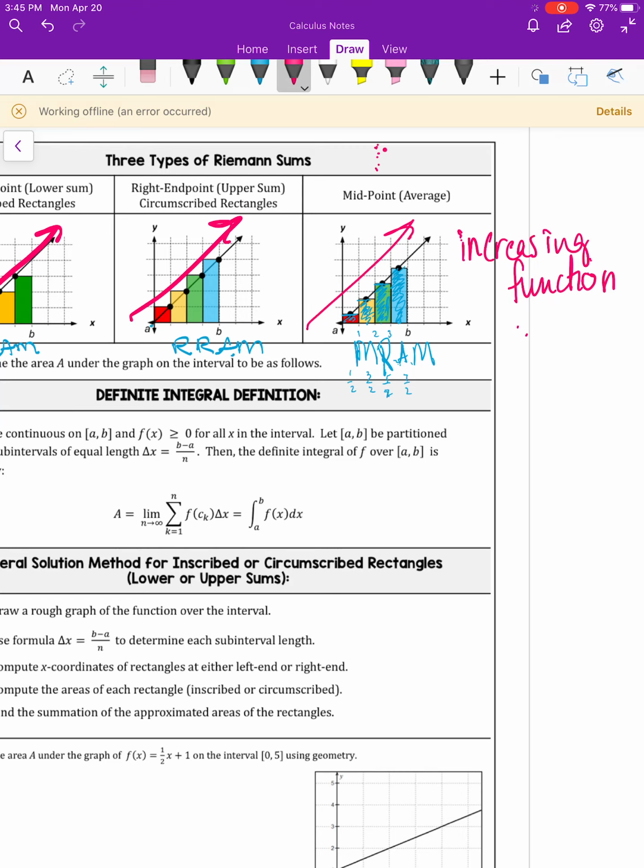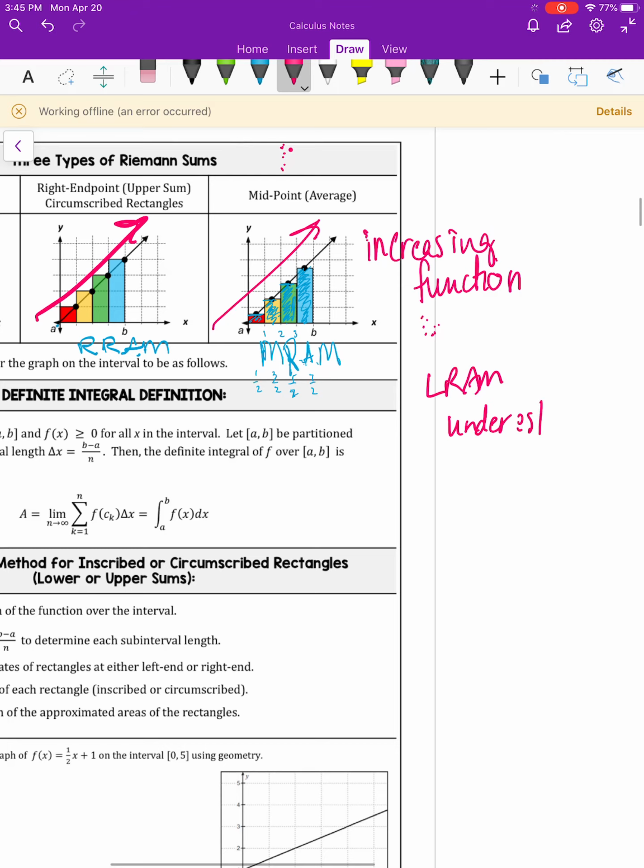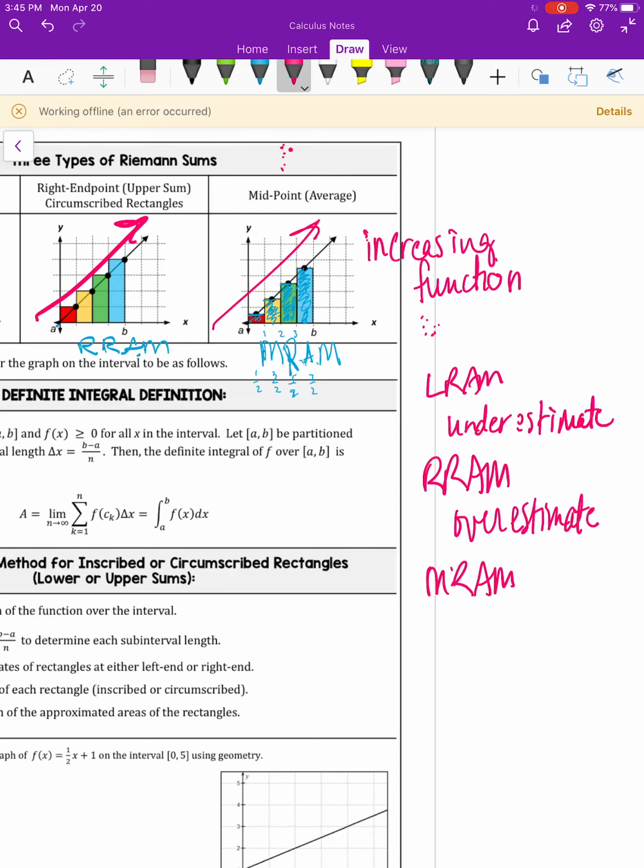But if you have an increasing function like we have here, how about if I write over here? Maybe that'll let me write over here. You are going to have LRAM is going to be an underestimate.